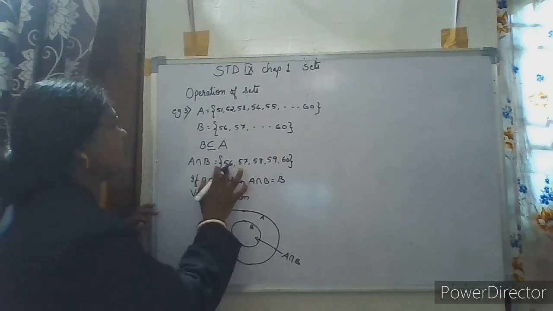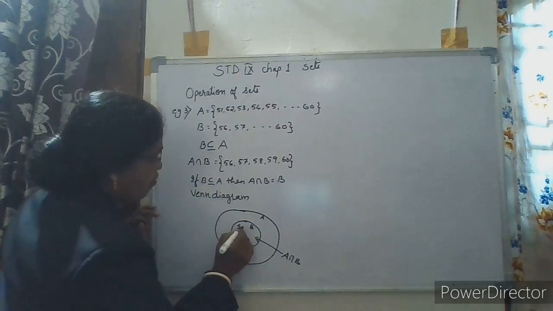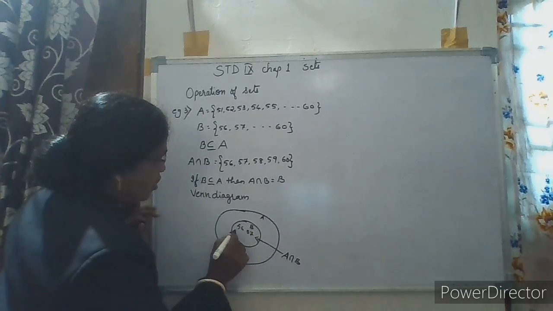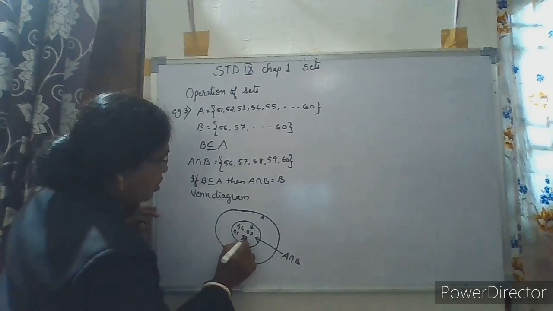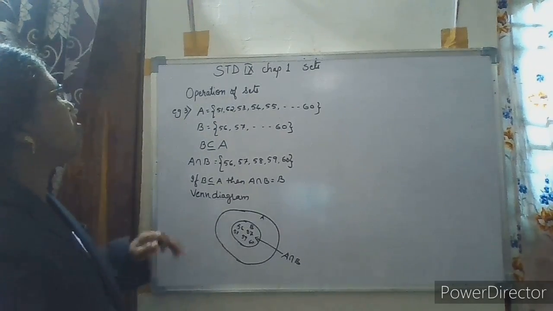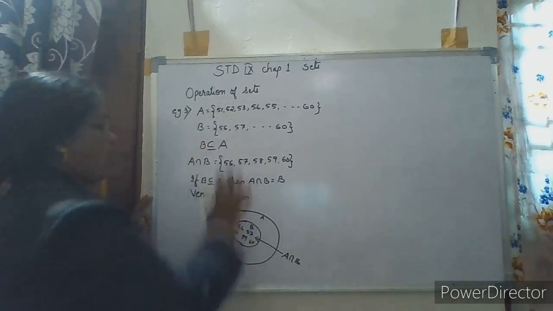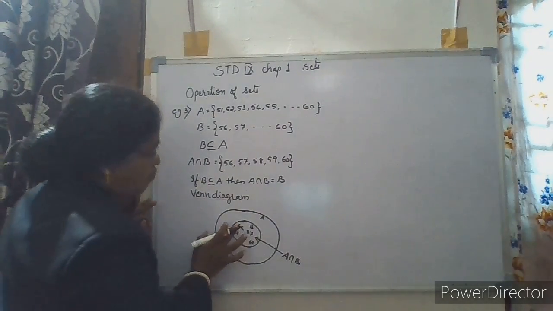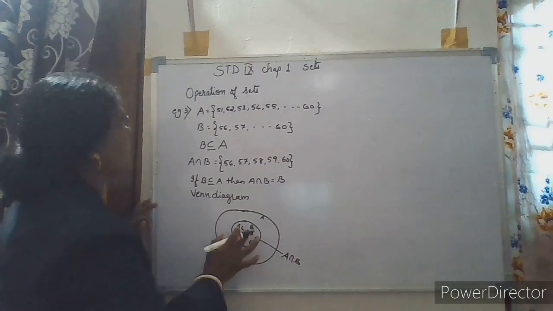So, A intersection B contains 56, 57, 58, 59, 60. Now, set A has elements 51 to 60. 56 to 60 is already here.